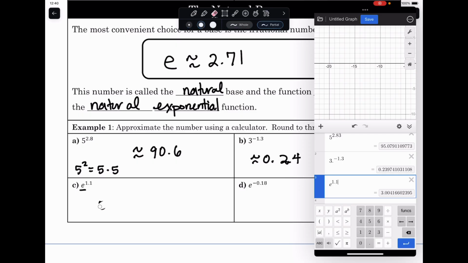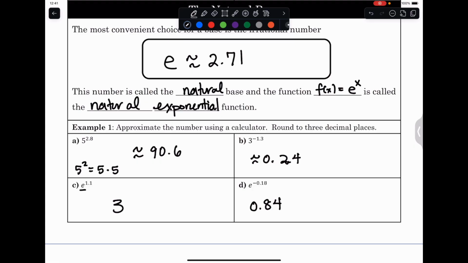So we'll just estimate it to 3. We could also put a negative number up there, negative 0.18. That's 0.84. So this is how you approximate with the calculator, because the bases are being raised to decimal values or negative values, you can always use your calculator to evaluate that.